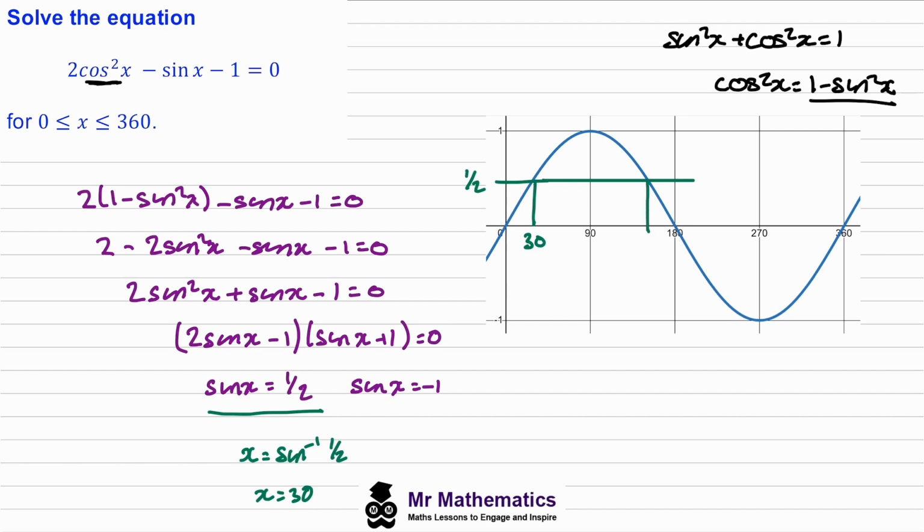And because it's symmetrical about 90 degrees, it'll be 30 from 180, which will give us our other solution of 150. And then for sine x equals negative 1, this will be at this point, where you can see that x is equal to 270. So there'll be three solutions where x equals 30, 150, and 270 degrees.